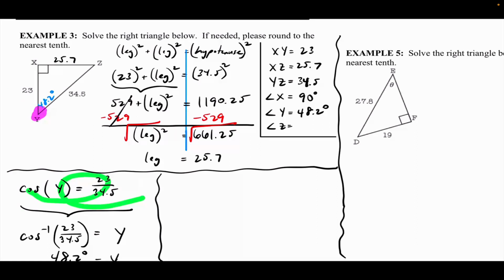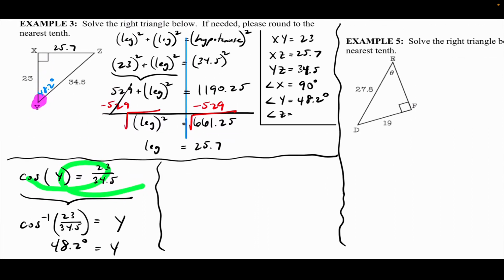Triangles can't go over 180. Add it and subtract. Oh, there you go. Add it and then subtract it from 180. Yep. So you go 180 minus the two that I know, 48.2 and 90 degrees, right? That's the fast way to do it.